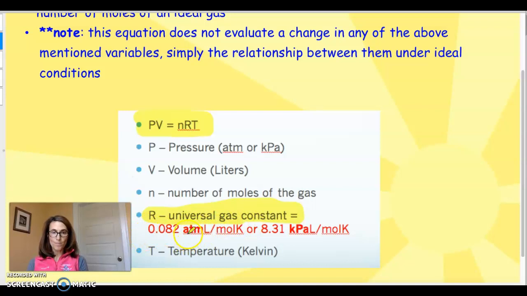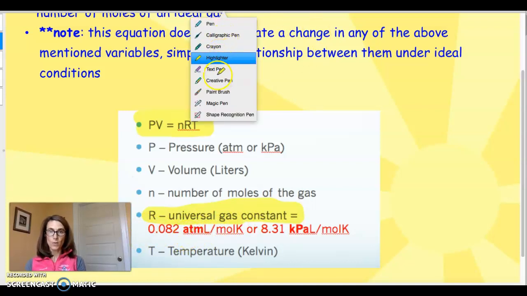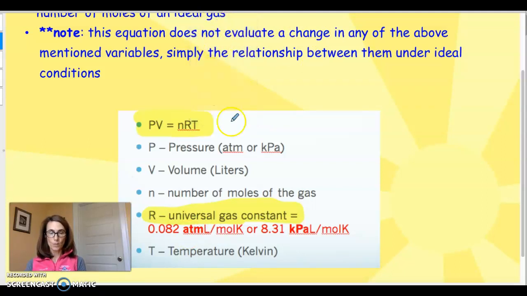So the units for the gas constant look like this, right? We have either atm liter per mole K or kPa liter per mole K. So depending on the unit for the pressure that you're given, you're going to have to choose between these two gas constants. Okay, so 0.082 if it's atm or 8.31 if it's kPa.